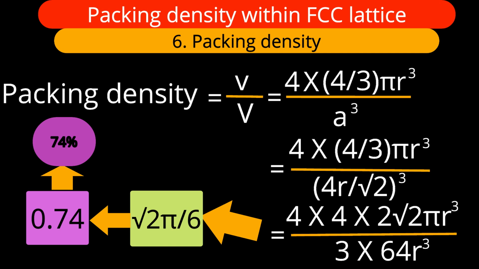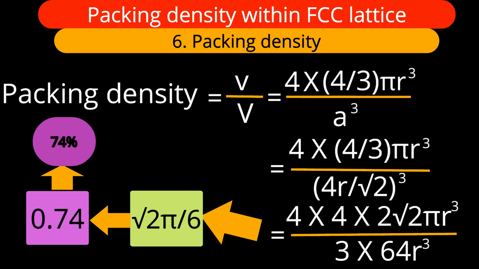Now substitute the value of a is equal to 4 upon root 2 r. Purposely I kept 4 upon root 2 in a bracket. Bracket raised to 3 means whichever terms are there in the bracket, individually their cube will be there. Means 4 cube, 64. So 64 I had represented in the denominator in the third stage. r cube is represented.